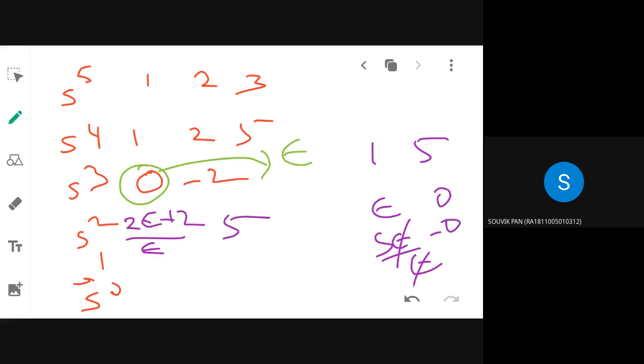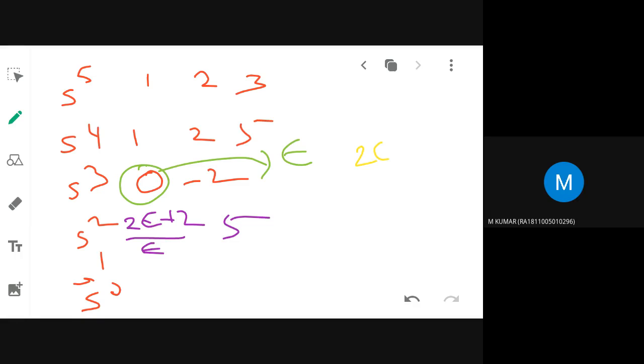Okay, Mohan, tell me the answer. Multiply 2 by 2 epsilon plus 2 divided by epsilon. We have to multiply, right? Yes, multiply. You multiply 2 by 5 epsilon divided by 2 epsilon plus 2 divided by epsilon.